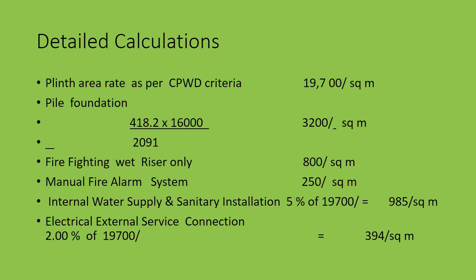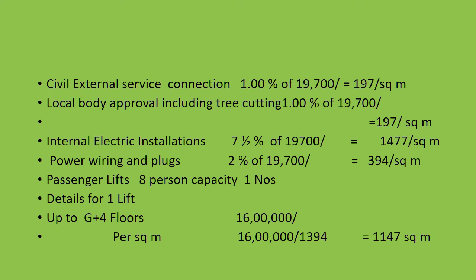It is the duty of the valuer to assess the water supply provision when compared to the standard specifications provided in the CPWD. Civil external service connection is reduced to 1%.